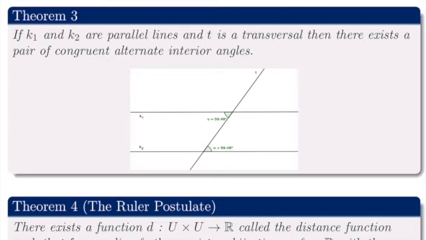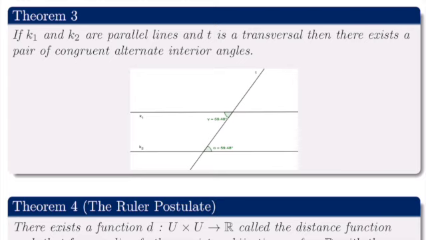The next, we're going to jump a few chapters back. We were in chapter 9 for a majority of these that we were recalling. But we move back to chapter 3, which is the ruler postulate. The ruler postulate basically defines the distance function and a bijection.